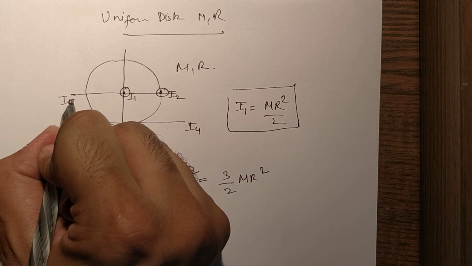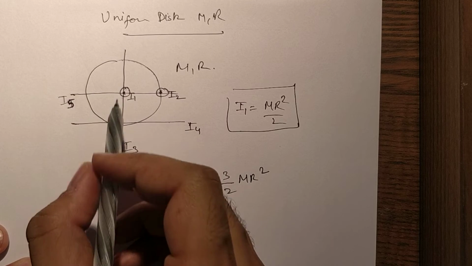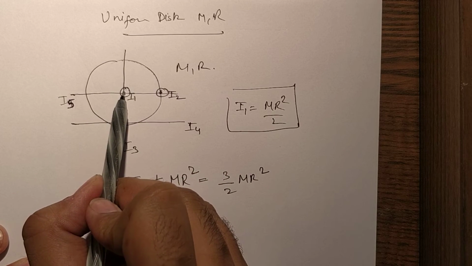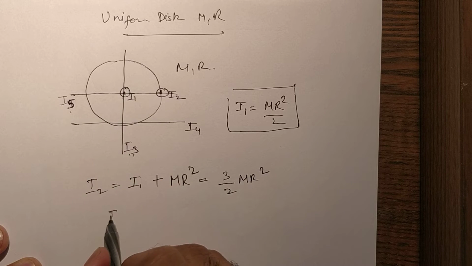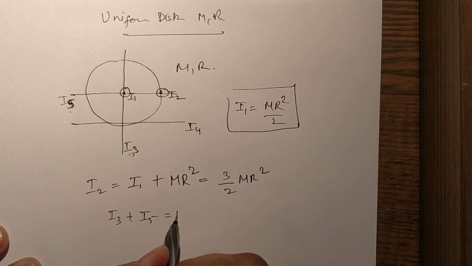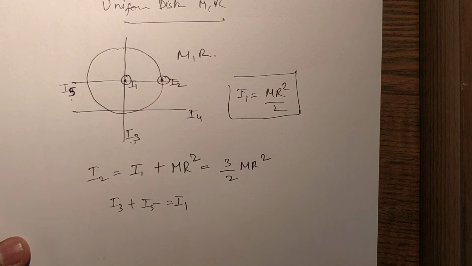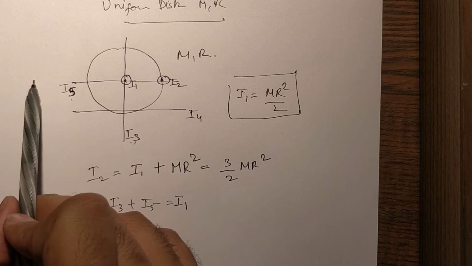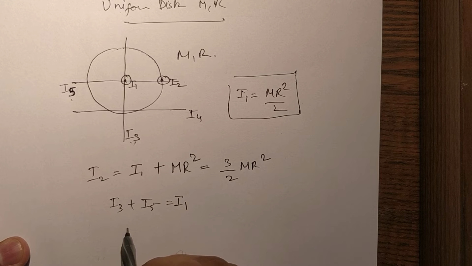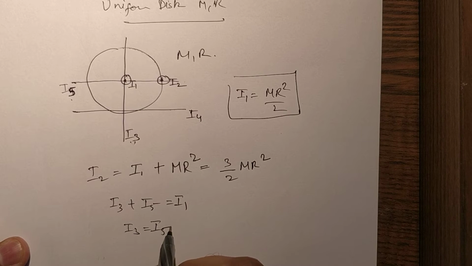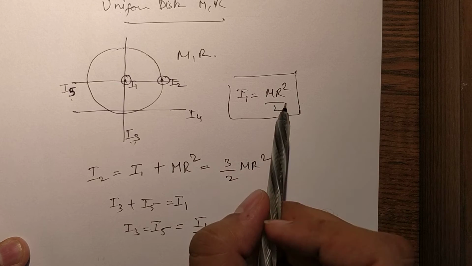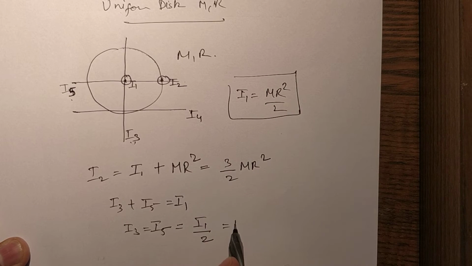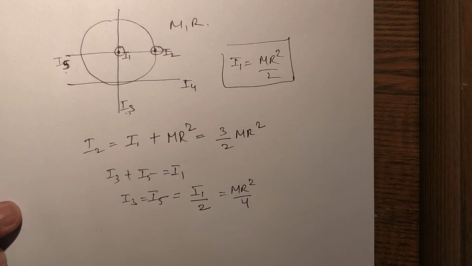Now if you apply the perpendicular axis theorem about this point, I3 plus I5 must be equal to I1. And since the figure is symmetric with respect to I3 and I5, I3 must be equal to I5, which must be equal to I1 by 2. And I1 I already know, mr square by 2. So this will be mr square by 4. Very simple.